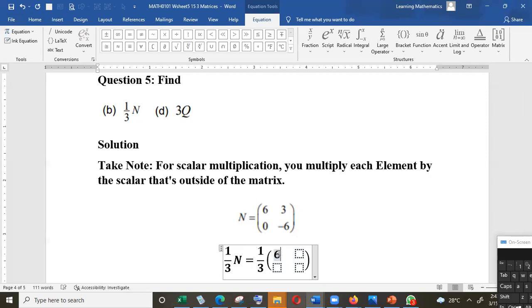So 6, 3, 0 occupies the second row, first column. So 0 is in position 2, 1, and negative 6 is in the position 2, 2.